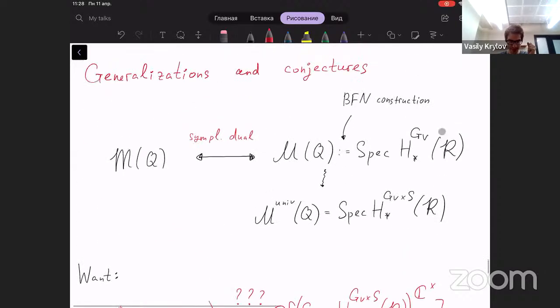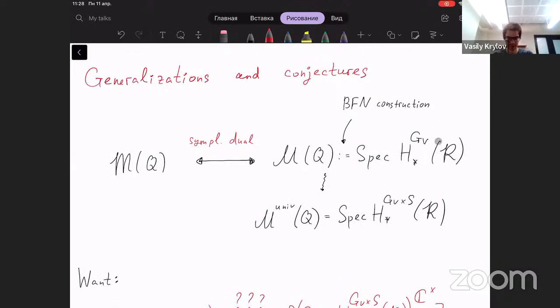Okay, and let me then finish with generalizations and conjectures.